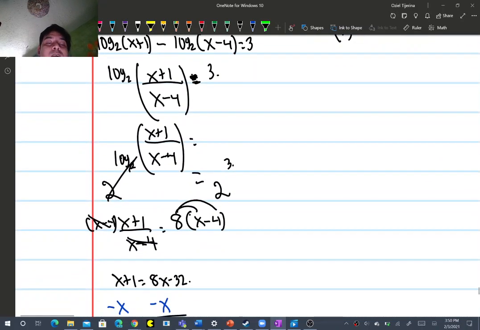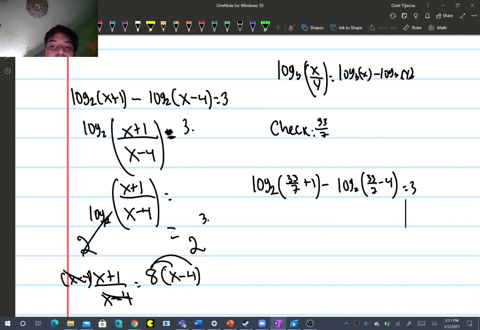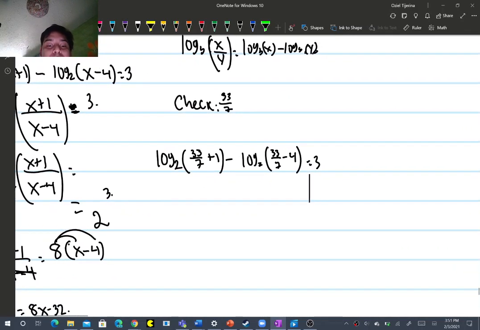So we can go ahead and go on Desmos and see if that's actually correct. We want to check this to make sure that it's equal.